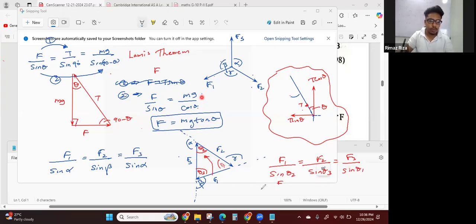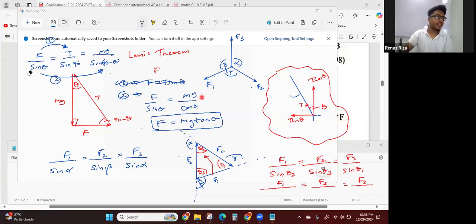So F1 over sine theta 2, this angle is, because of the straight line, 90 minus alpha. So sine of 90 minus alpha equals F2 over sine theta 3, which is 90 minus beta, equals F3 over sine theta 1, which is 90 minus gamma.